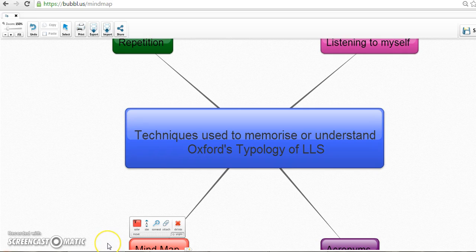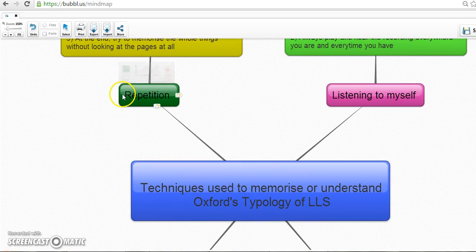So guys, please make sure your eyes and ears are widely open, because this might be really important for you guys, and you might use this technique as well later. So, techniques used to memorize or understand Oxford's typology of LLS, language learning strategies.